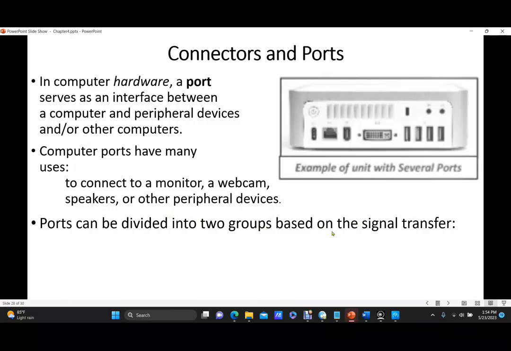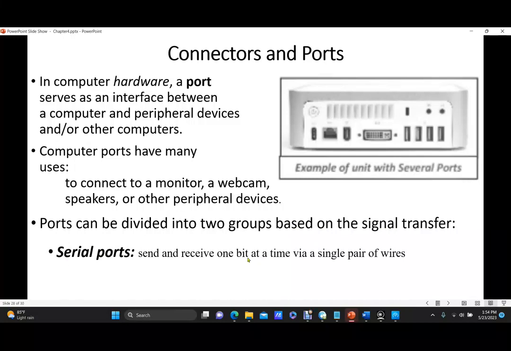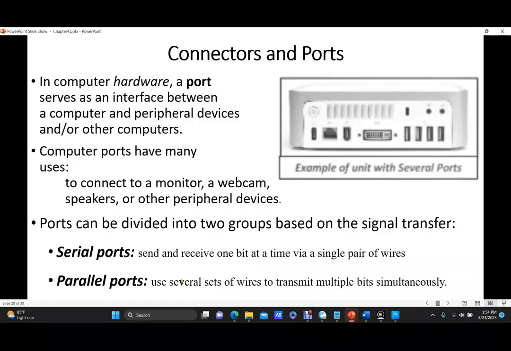These depend on what kind of signal is to be transmitted. There are serial ports that send and receive one bit at a time using a single pair of wires. And there are parallel ports that use sets of wires to transmit multiple bits simultaneously.